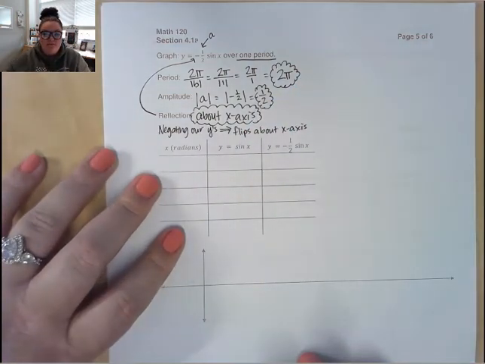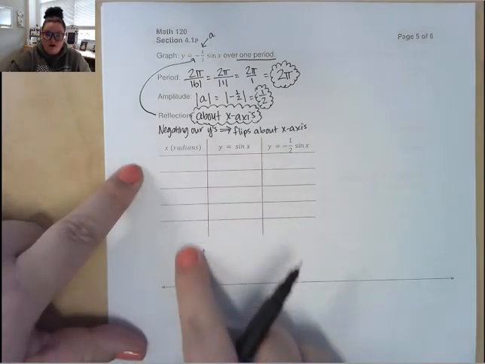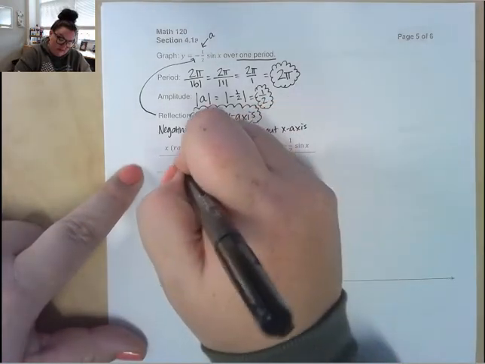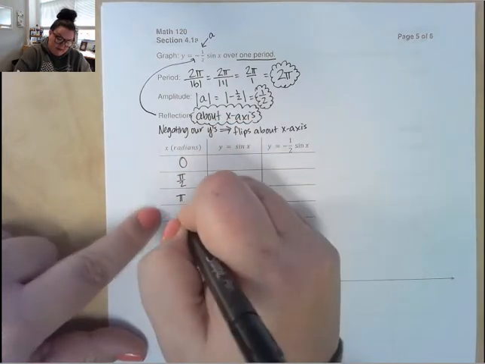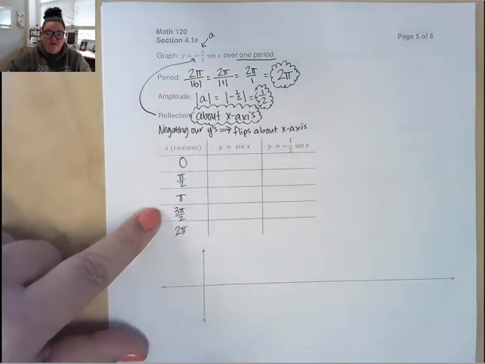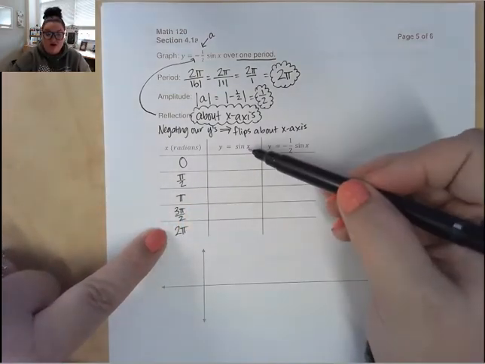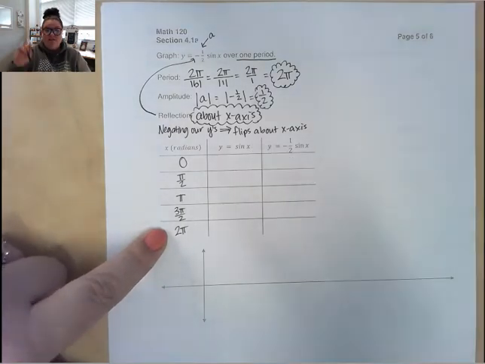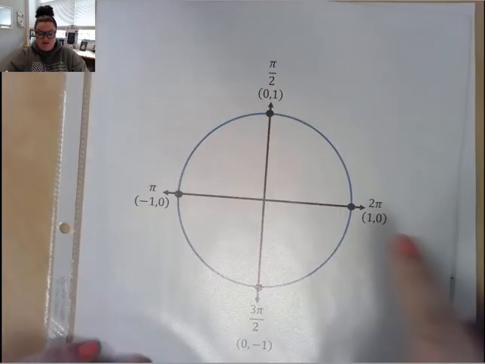All right. So again, we're going to start with our quadrantal angles. We start at 0, we go up to pi over 2, then down to pi, then to 3 pi over 2, and we finish off the rotation at 2 pi. We're dealing with our sine function, so that means we want the y values as we go around.